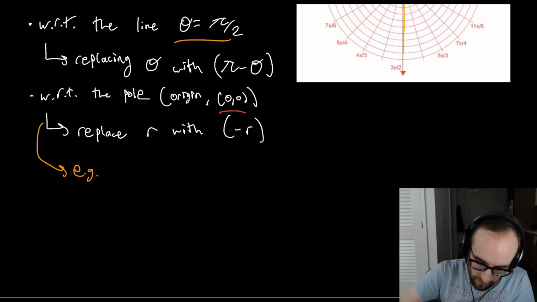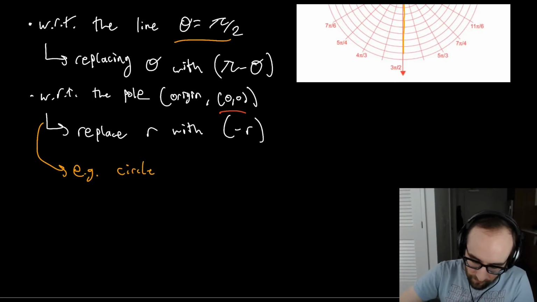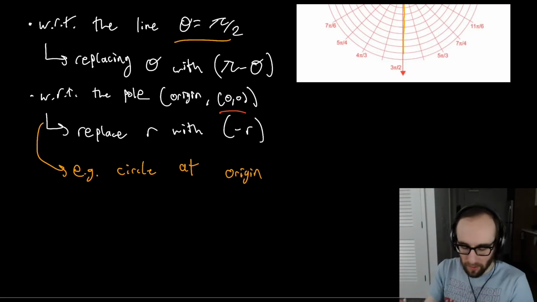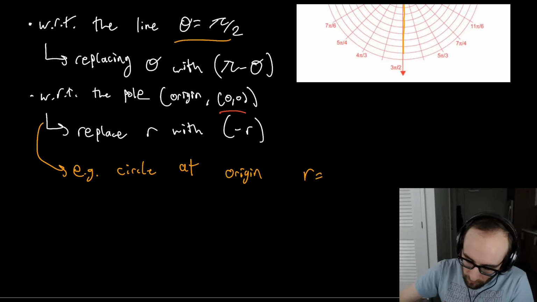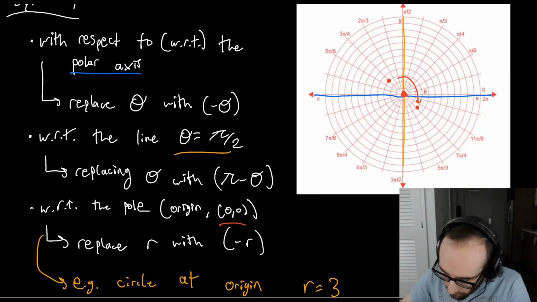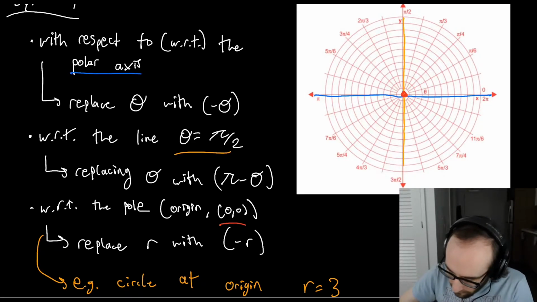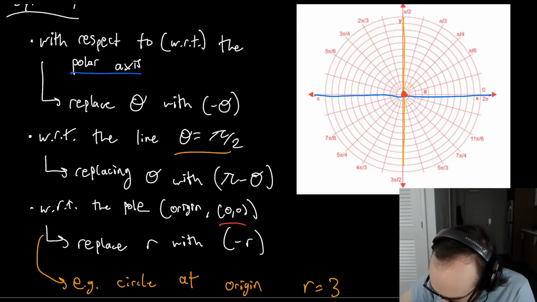The equation is kind of weird, but if we had r equals 3, that would be a circle with a radius of 3 at the origin. So we would have a circle right about right here.